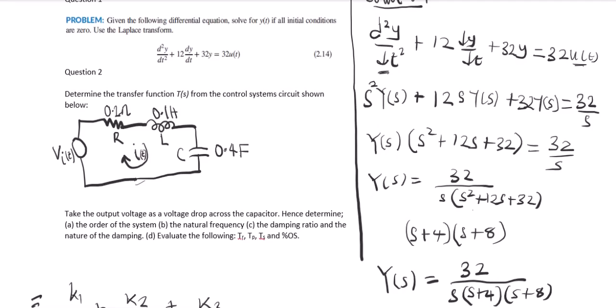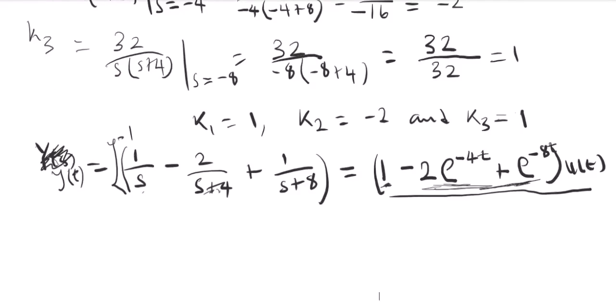First of all, we have to calculate the differential equation. We have to start in the time domain. Don't jump to the frequency domain, sometimes you may lose marks. I know you know how to go straight to the frequency domain from that circuit, it's very easy, but let's start with the time domain.